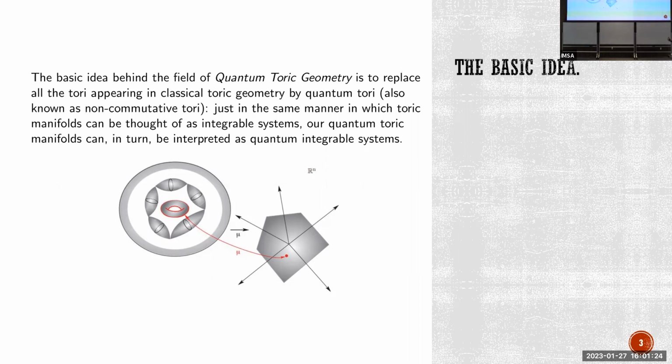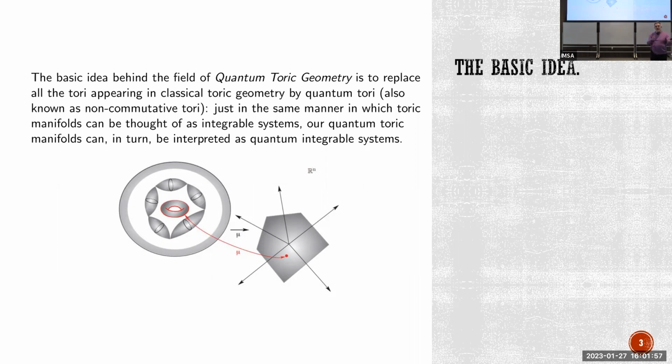Anyway, the basic idea behind the field of quantum toric geometry is to do the same, but rather than just using the classical complex torus or the real torus, we're going to use the quantum tori. We're going to build these so-called non-commutative varieties out of this. Given the combinatorial information, out of these quantum tori, we get these quantum spaces, non-commutative spaces.